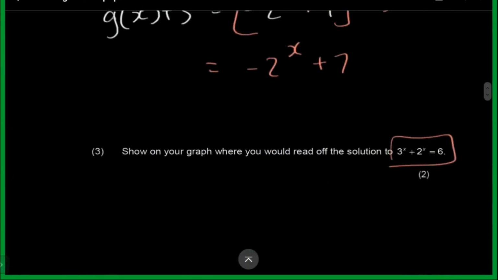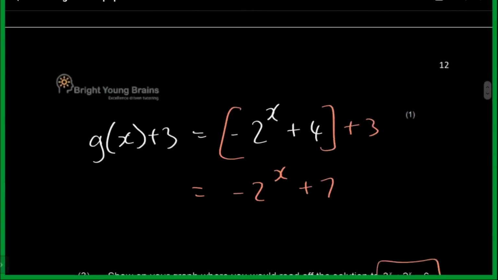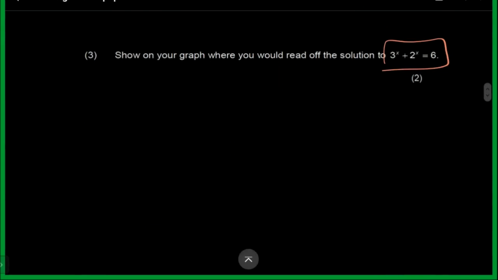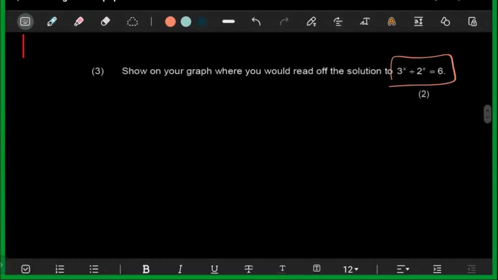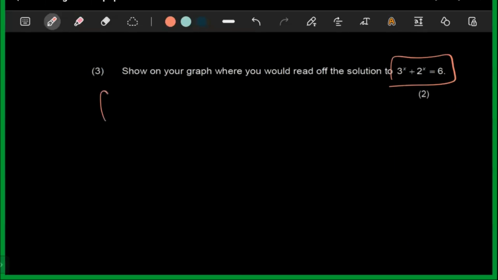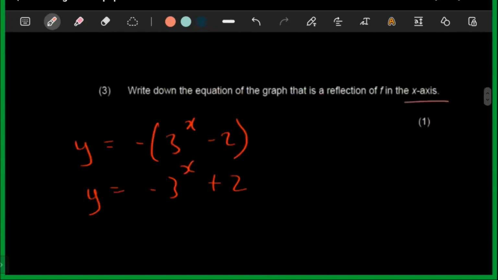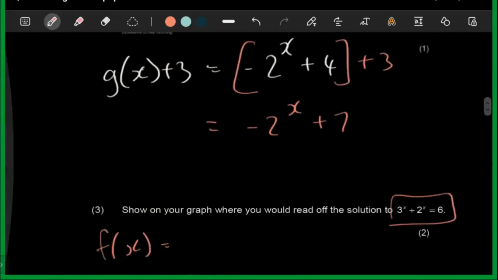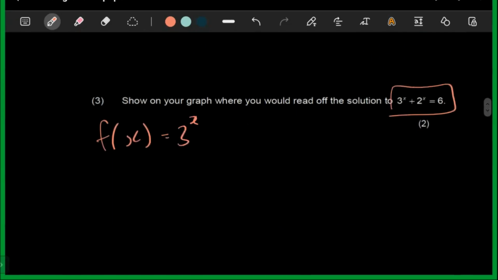Another equation that we have is -2 to the power of x plus 4. So those two equations, if you look at them nicely, f of x is equal to 3 to the power of x minus 2, and the g of x is equal to -2 to the power of x, I think it's plus 4.